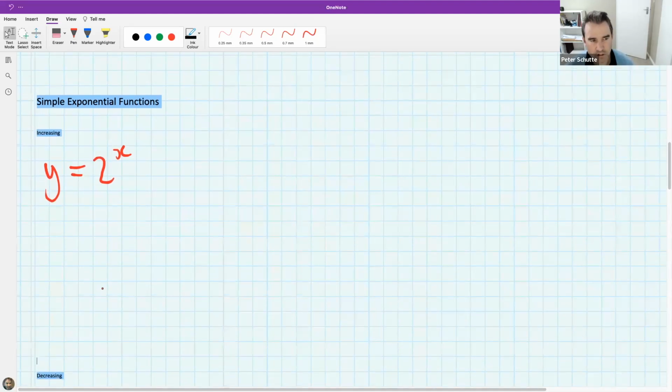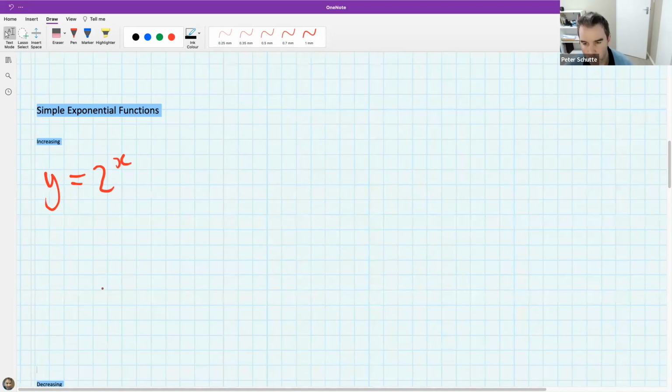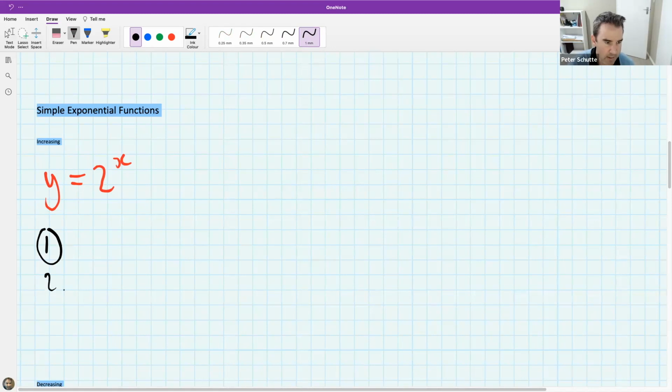What do I normally do when I'm first wanting to draw a function? In my previous lessons, I always have steps. I'm going to suggest step 1, step 2, step 3, and maybe step 4, depending on what we need to do. Step 1 is the shape of the graph. Yes, Annie.